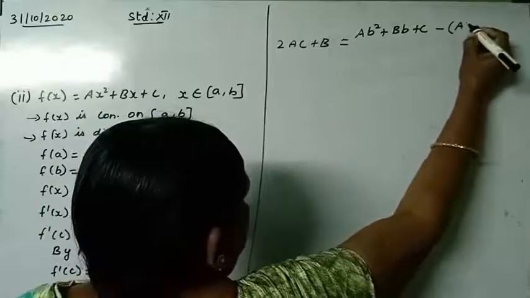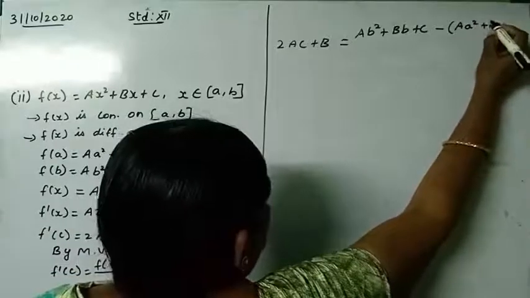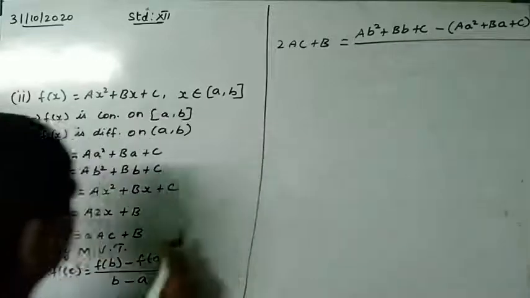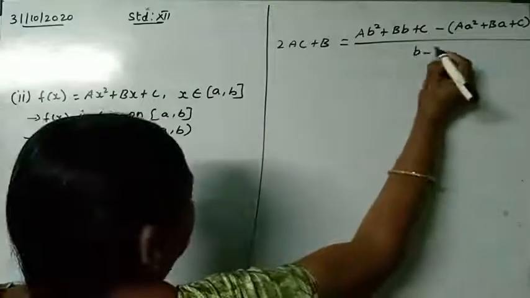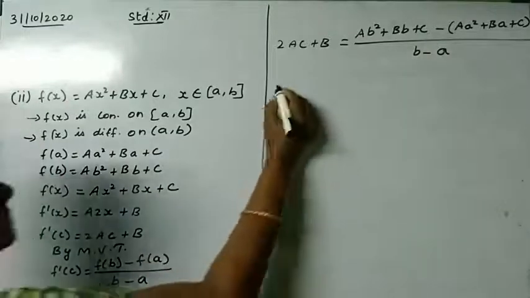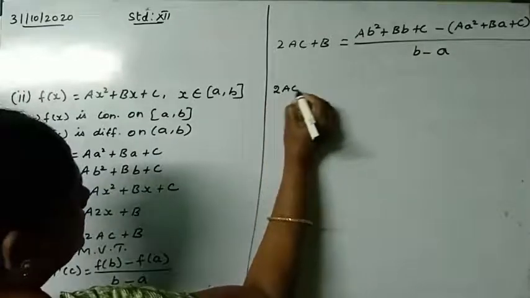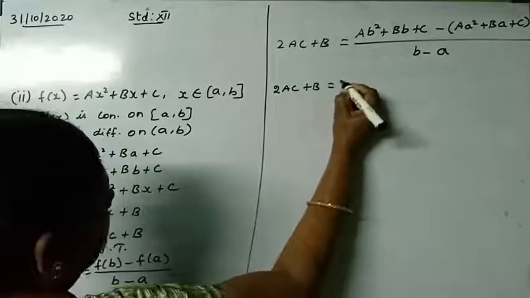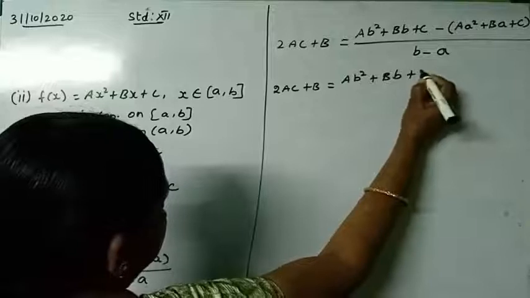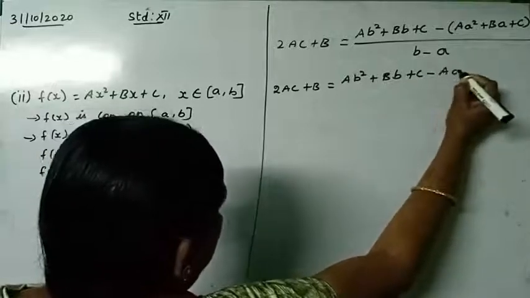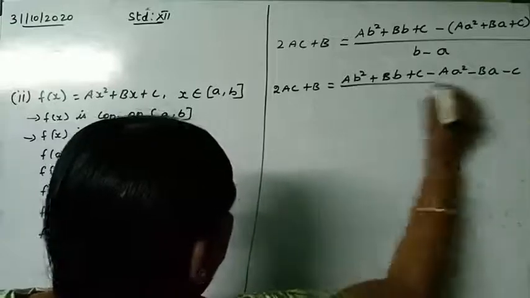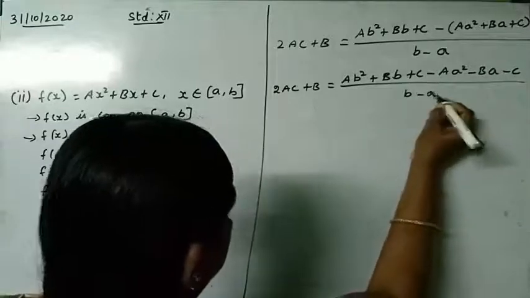Take a bracket and write a square plus ba plus c, divided by b minus a. Now remove the bracket and write. So the left hand side 2ac plus b is equal to ab square plus bb plus c minus a square minus ba minus c divided by b minus a.